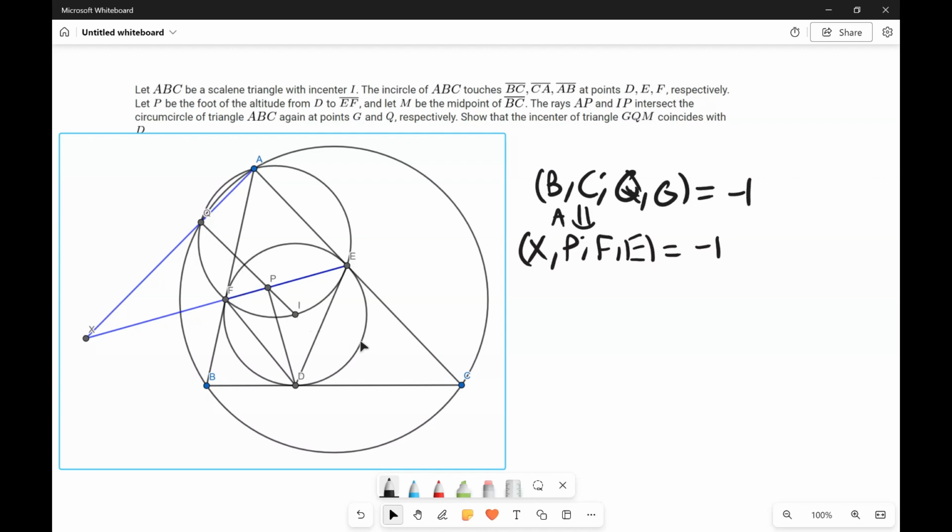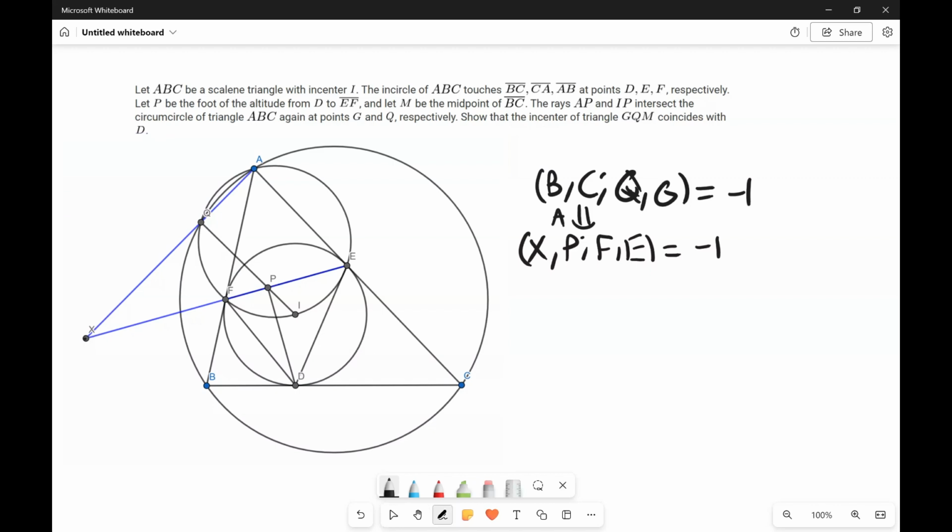If we try projecting through D, then things will get a bit too complicated, because it will involve things with the line GX, and we don't really know things about that. So let's try projecting through Q. And doing so, if we project through Q onto the circumcircle of AEF, X gets sent to the point A, P gets sent to the point I, and then F and E are fixed.